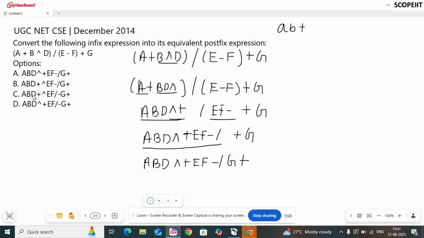Now let us match the options. If you see the option ABD caret plus EF minus divide G and plus. Okay, so the correct answer for this question is option A. You can check it. ABD caret plus EF minus divide G and plus. Okay, so this is all about this question. Next.